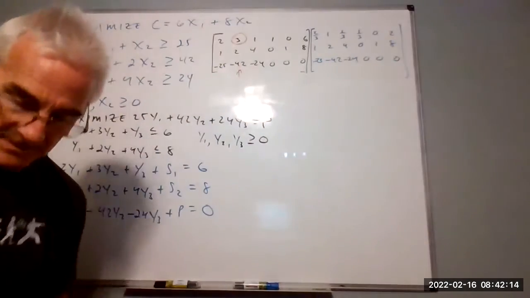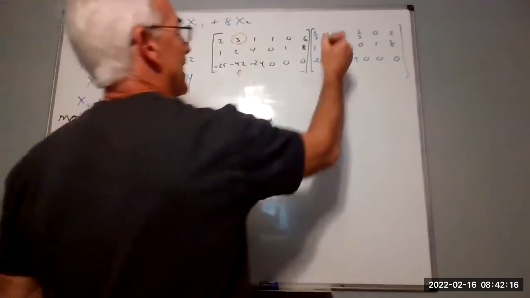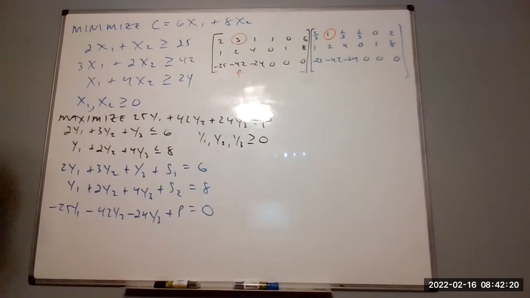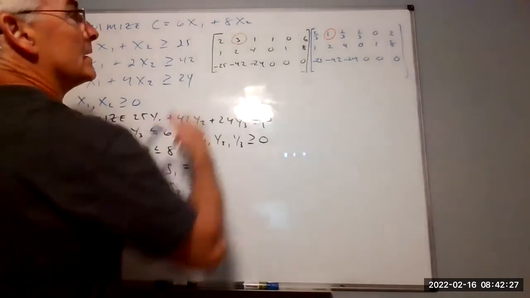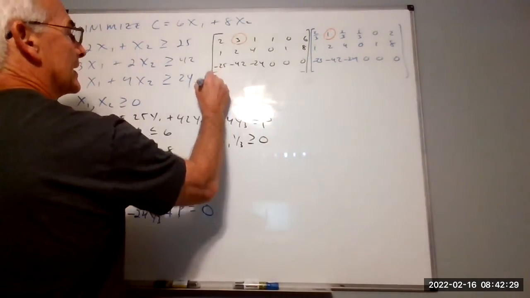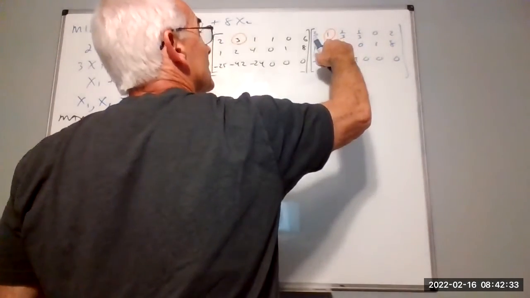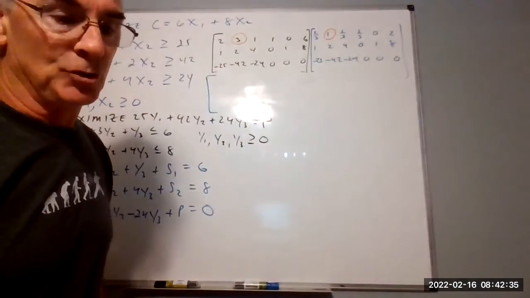I'm a big fan of writing this out so I don't lose track, because there are other rows on there and I don't want to forget which one I'm working with. That would be bad. So I think I can get this in here. Negative 2 row 1s plus row 2.